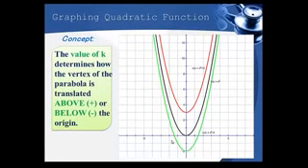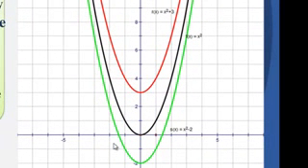Here, take a look at this. Our original parabola is the function f(x) = x squared, where the vertex is at (0, 0).